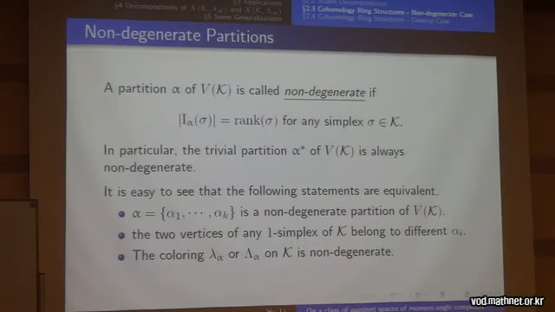So in particular, the trivial partition is always non-degenerate, because for the trivial partition, the colors of all the vertices are different. And a partition is non-degenerate if its coloring is non-degenerate. Such a coloring is also sometimes called a characteristic function, right?